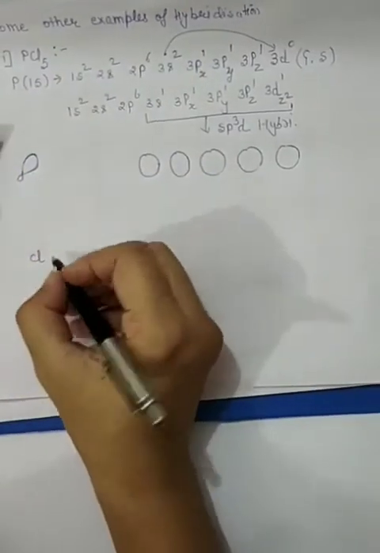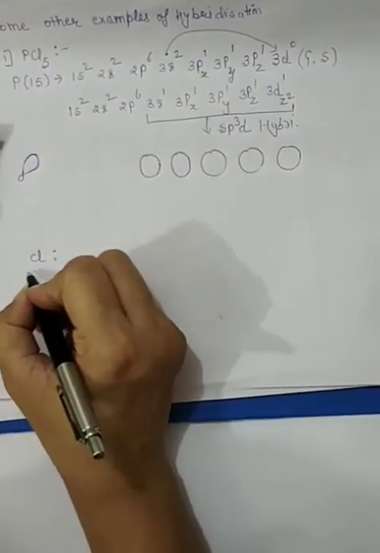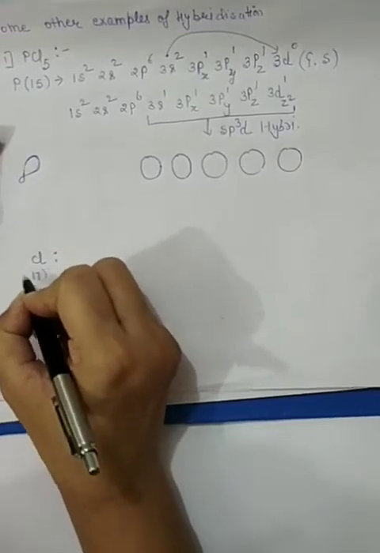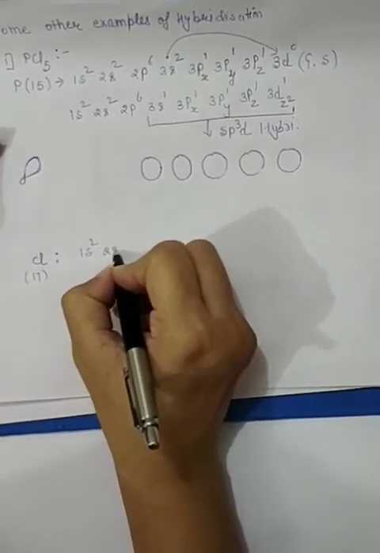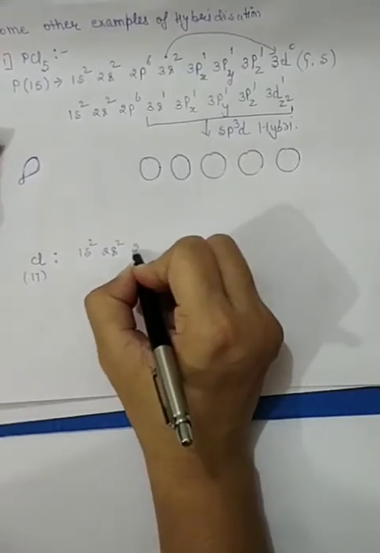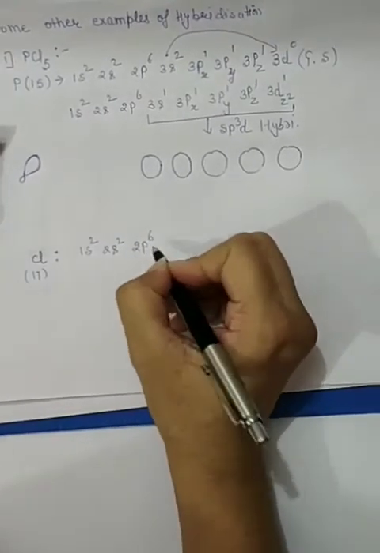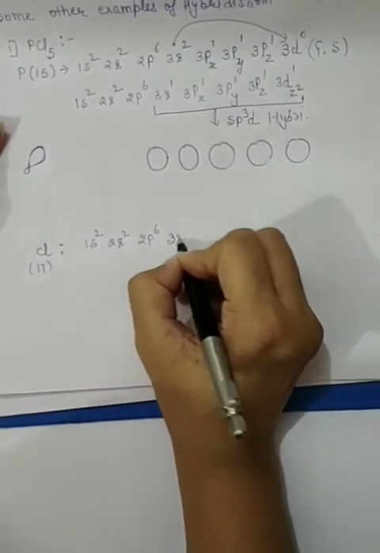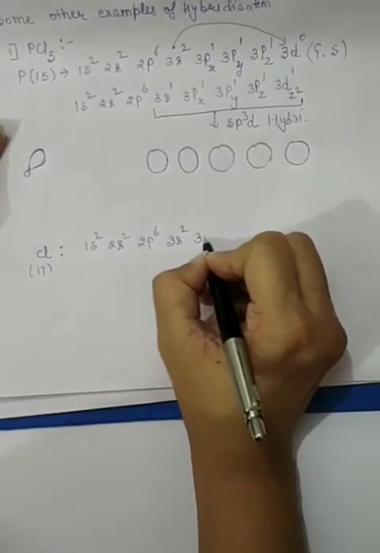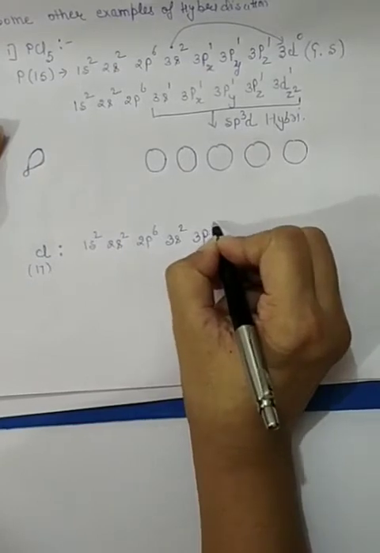Chlorine, with atomic number 17, has the electronic configuration 1s2, 2s2, 2p6, 3s2, 3p5.